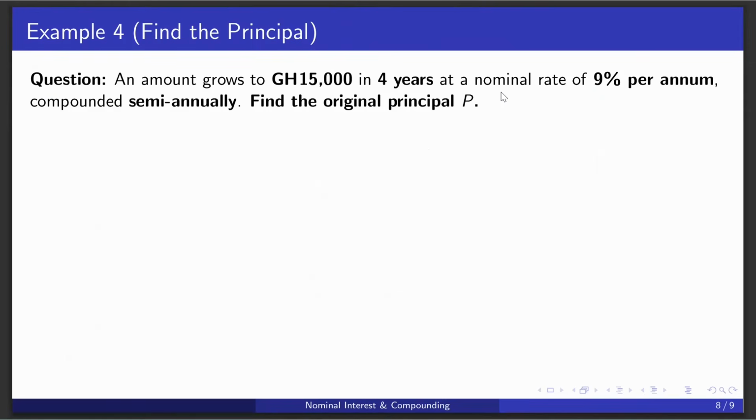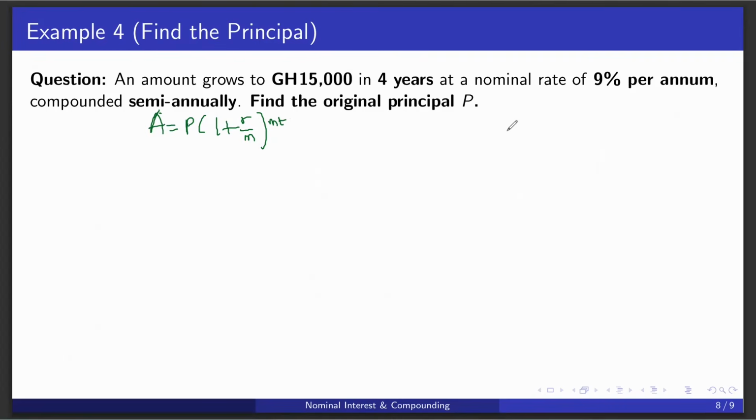Find the original principal, P. Once again, we write the formula for finding the accumulated amount, which is A equals P times 1 plus R over M to the power MT. In this case, we want to find the original principal, which is P, because we are given A. So an amount grows to 15,000 in 4 years. So in 4 years, the amount will be 15,000.